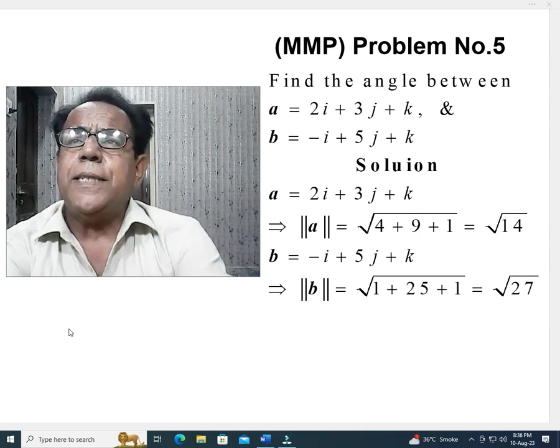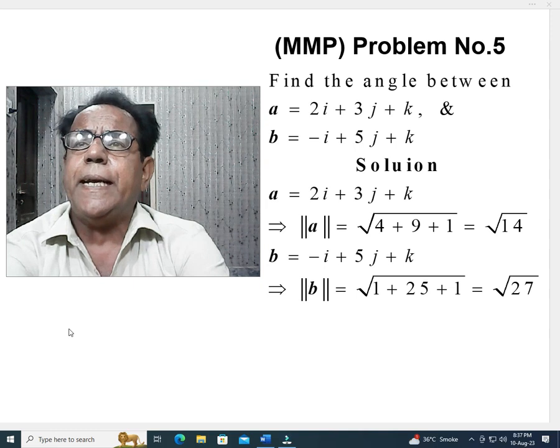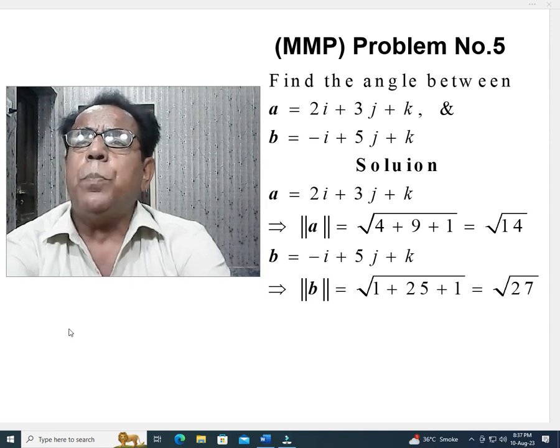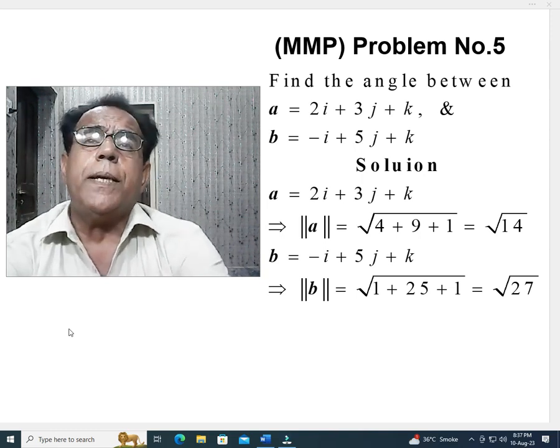Mathematical methods in physics, problem number 5. Find the angle between A equal to 2i plus 3j plus k and B equal to minus i plus 5j plus k. Dear students, one more thing.